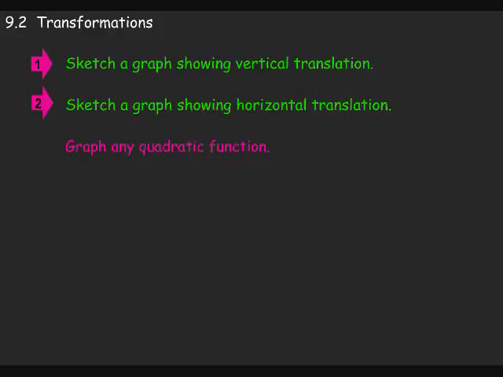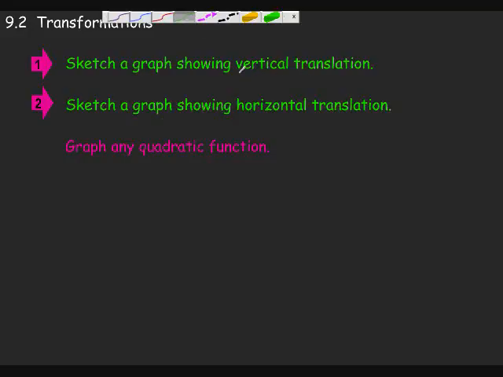We're going to continue in Chapter 9 with transformations. Our last lesson was on symmetry. Now we're going to look at quadratic equations and, for that matter, quadratic functions, and all functions actually, to see how we show a transformation.